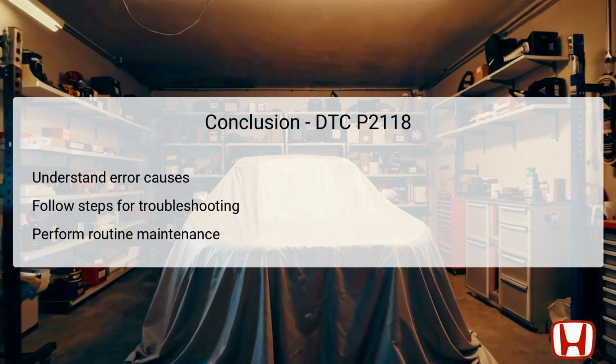Each step carries significant merit and is designed to identify and rectify problems efficiently. Moreover, embracing routine maintenance practices, such as keeping the throttle body clean and ensuring reliable electrical connections, will help in preventing future occurrences of this code. Keeping your Honda CRV properly maintained will enhance performance, safety, and driver confidence.